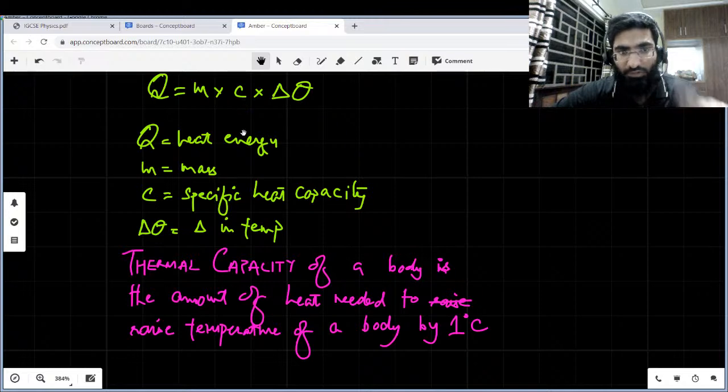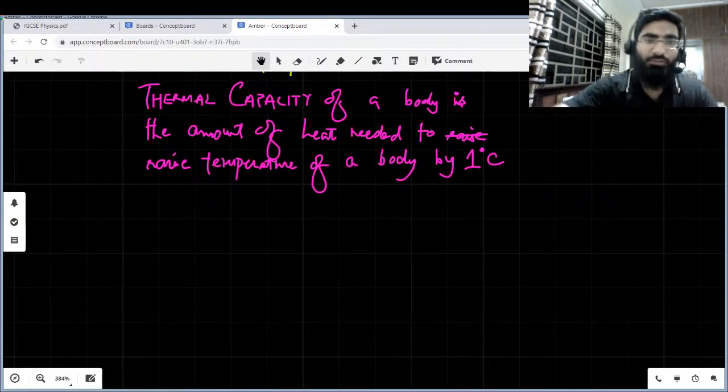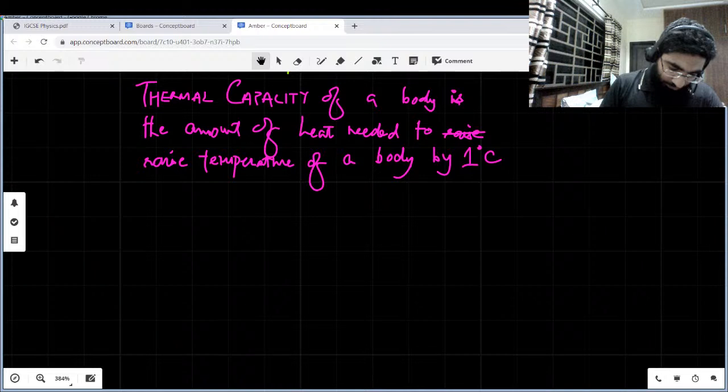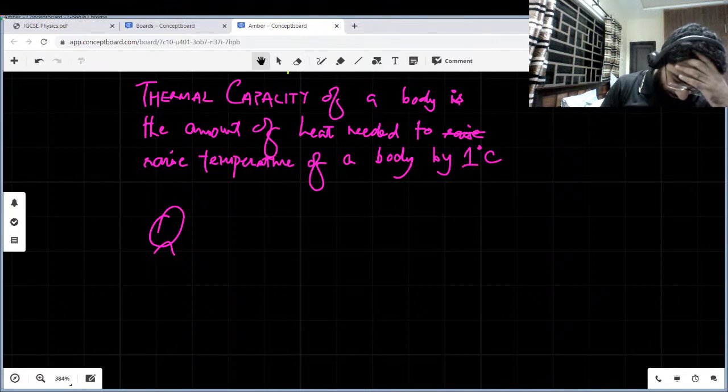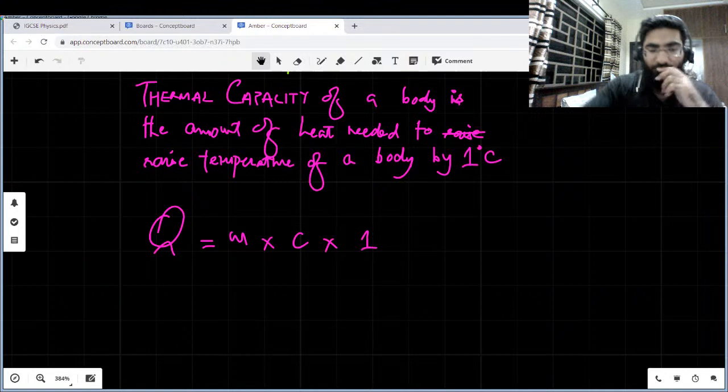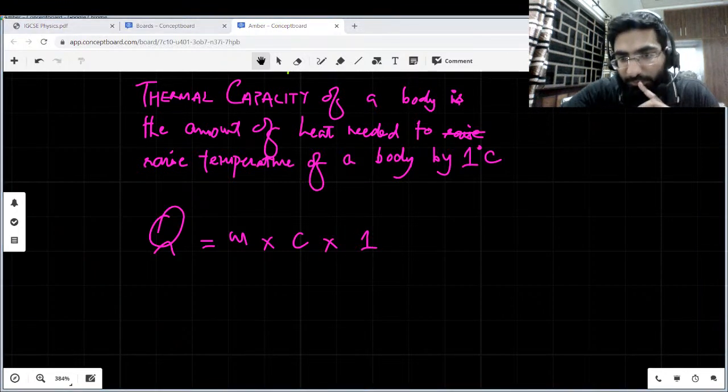And here for thermal capacity, we use the same heat equation, but now we will have mass of the body times specific heat times just 1, because change in temperature is 1. This would be thermal capacity.